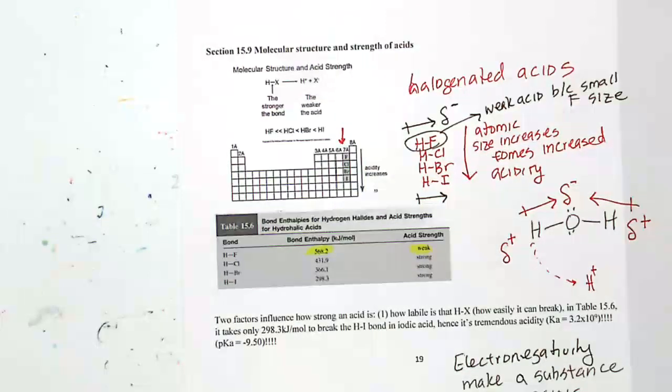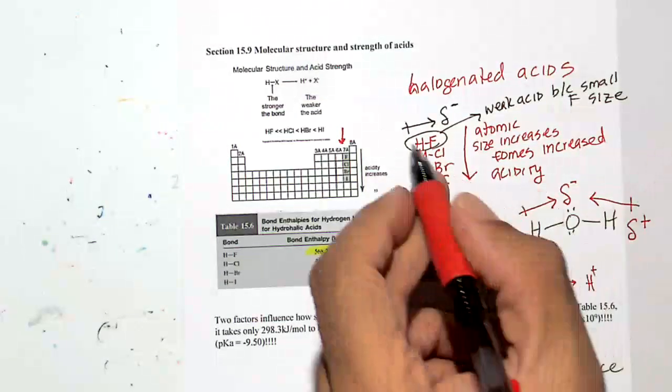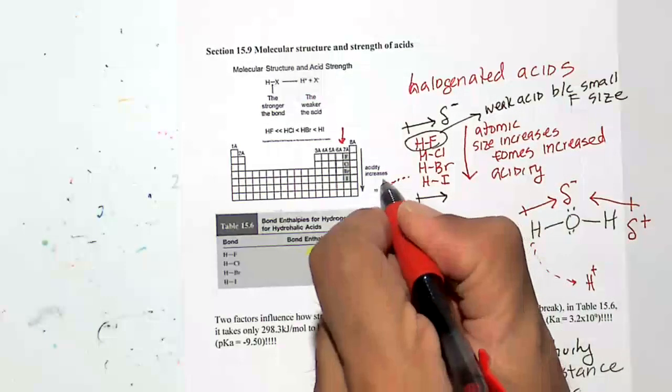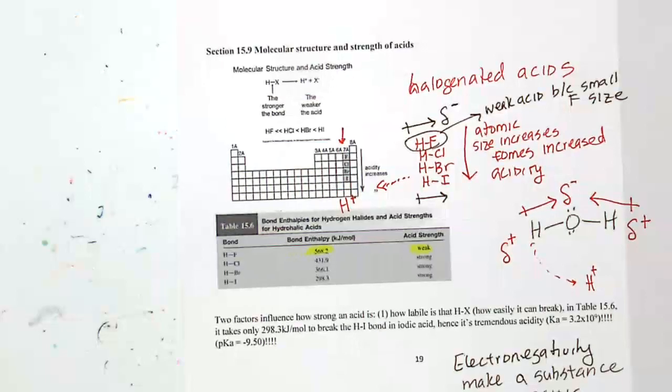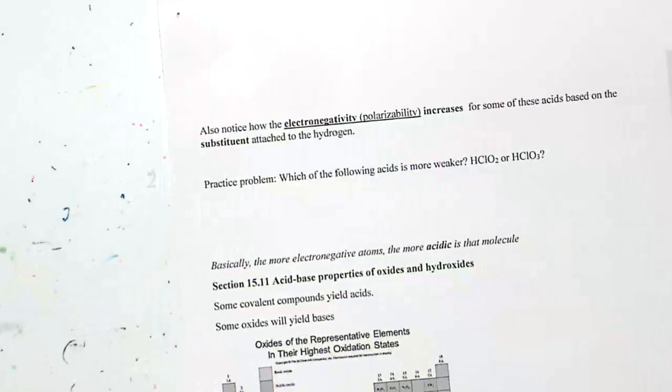So electronegativity is very important in determining whether something is a good source, where it pulls so much that that hydrogen leaves off as an H plus. So we see that here in our last page of our notes.